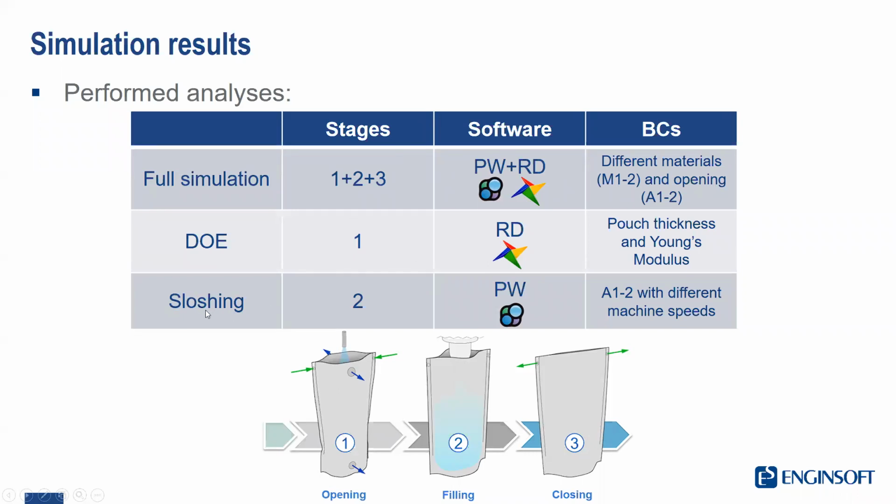And at the end, we also focus on the filling and the sloshing of the fluid, and how that can limit the machine speed. So, of course, the final objective here is to analyze and understand what is the maximum machine speed, so we have the higher output in terms of packaging objectives.